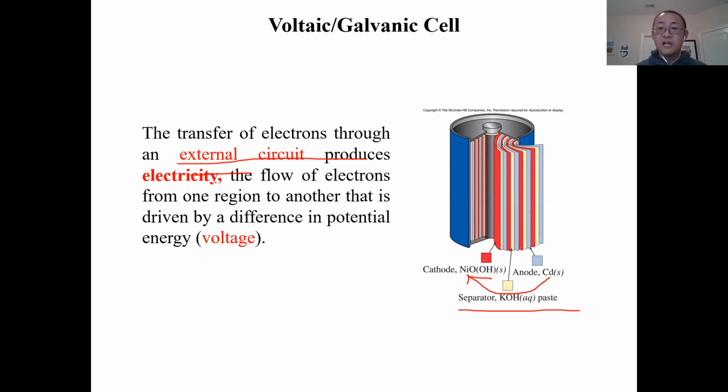And of course, the direction of electron transfer is driven by the potential of electrons. Electrons will go from higher potential to lower potential, just like water. That potential difference is called the voltage. We're going to talk a few more words in the next couple of minutes about voltage as well.